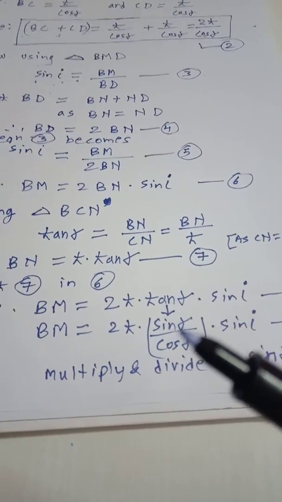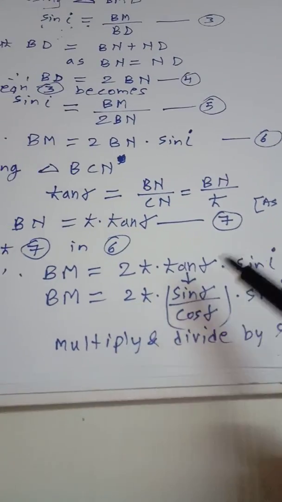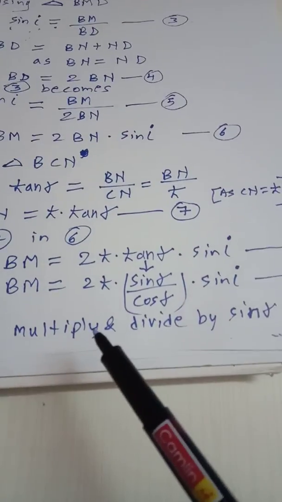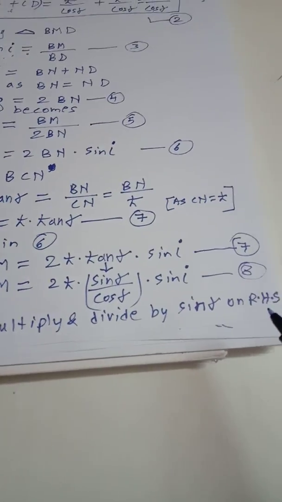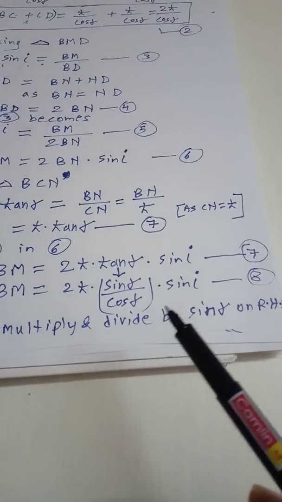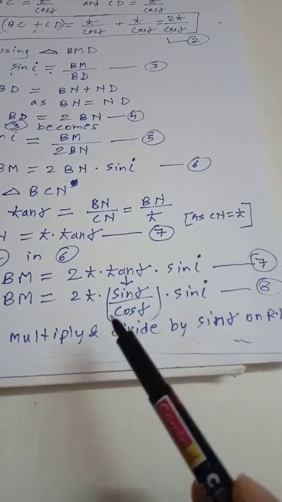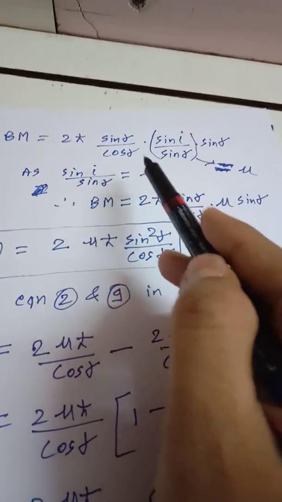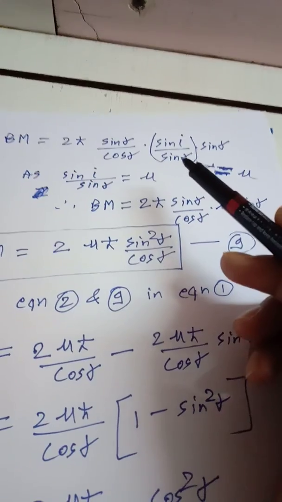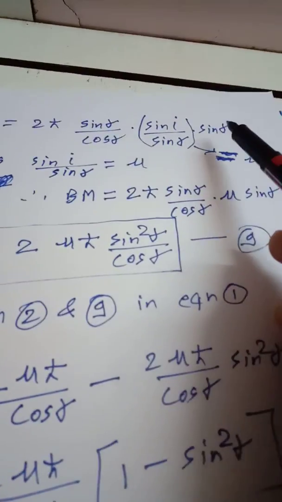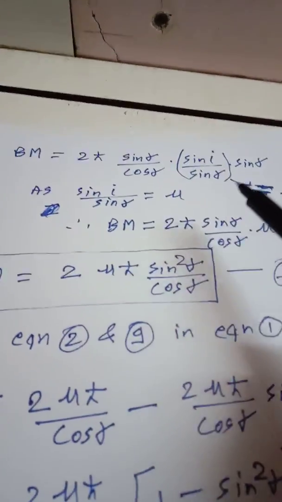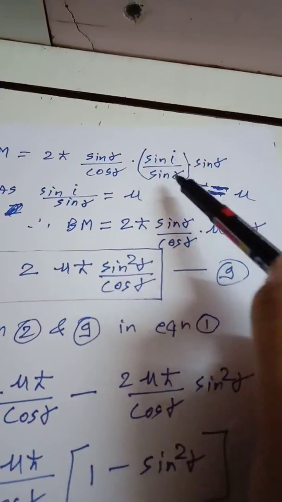So tan r can be written as sin r upon cos r, into sin i. Multiply and divide by sin r on the right hand side so that we can get a reduced form. Therefore BM is equal to 2t sin r upon cos r, multiplied and divided by sin r, and mu is equal to sin i upon sin r.